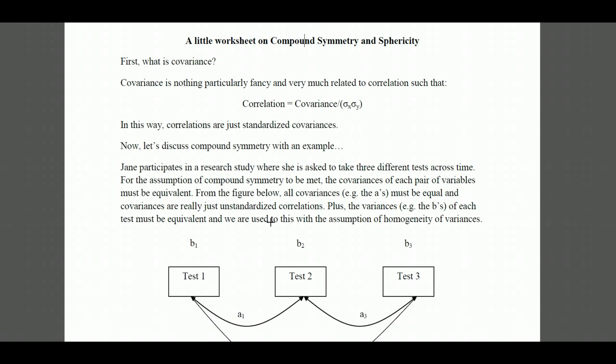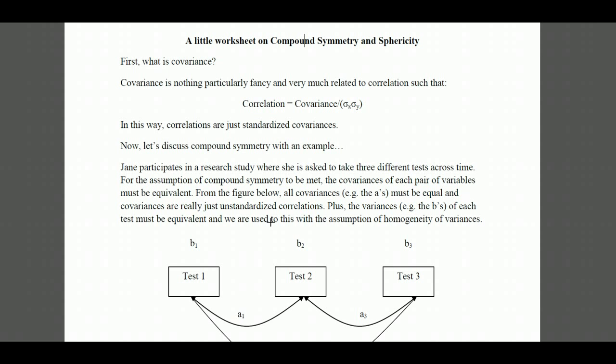It's very much related to correlation, such that correlation is the standardized version of covariance. So if you take the covariance of two variables, let's say x and y, and divide it by the standard deviation of each, you get the correlation.